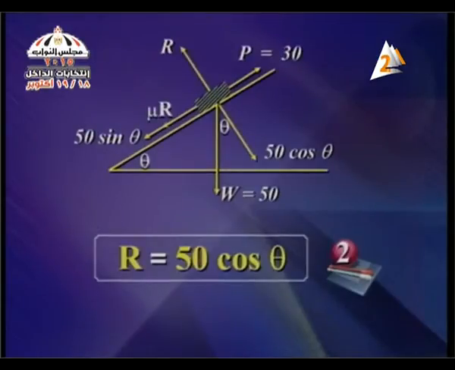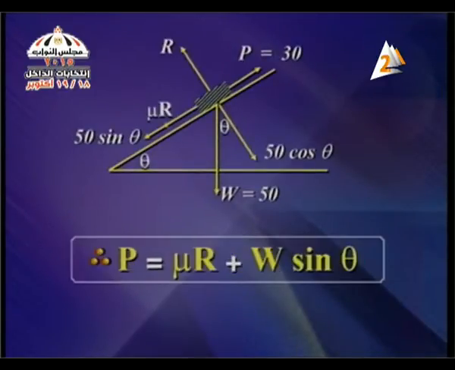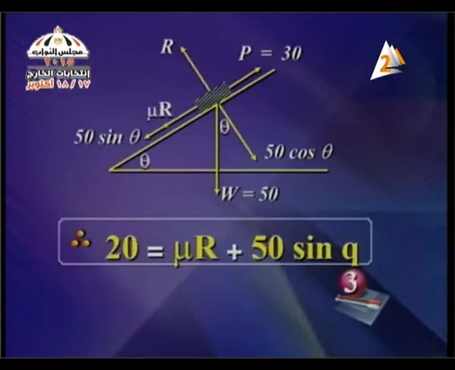Therefore, R equals 50 cosine theta, and this is equation number 2. After that, for the second case, we can say that P equals W sine theta minus mu R. Therefore, 20 equals 50 sine theta minus mu R, and this is equation number 3.